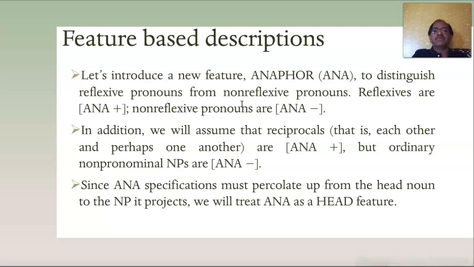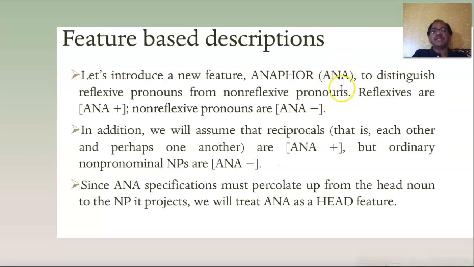Then we added a new feature called anaphor, and reflexives have that feature as plus and non-reflexive pronouns have minus. Similarly, reciprocals like each other and one another have the plus anaphor feature, and ordinary non-pronominal NPs, that is any names, will have a negative value of the anaphor feature.